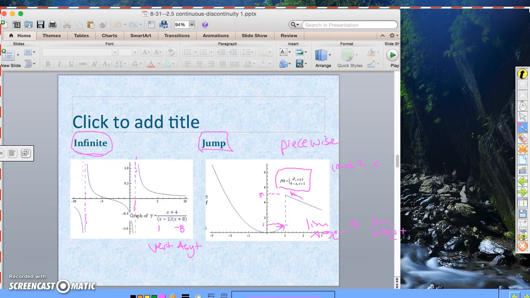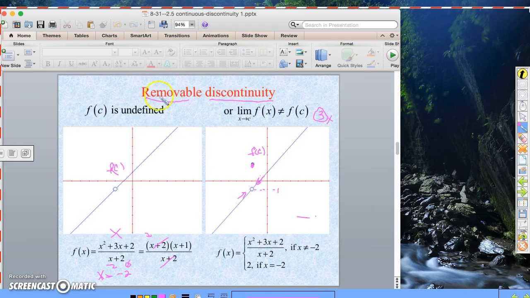Let's review them quickly. They are removable discontinuity, where you can reduce the top and the bottom, so we know it cannot be negative 2 because they'll make this 0 down here, but we can reduce another factor that's the same on top.